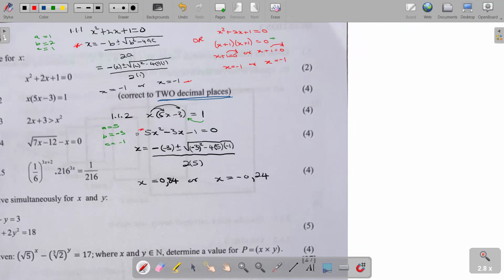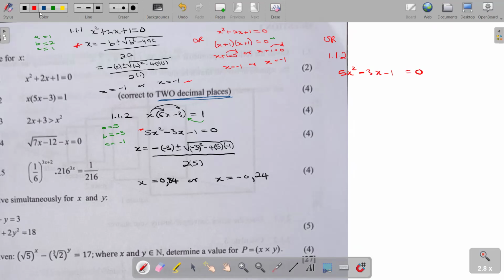After standardizing our equation, let's divide throughout by our a. So our standard equation, that is 1.1.2, is going to be 5x squared minus 3x minus 1 equal to 0.